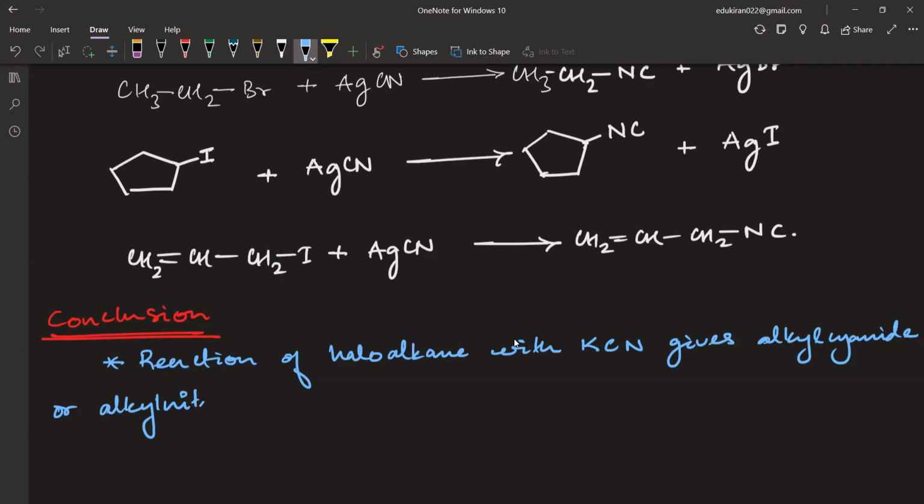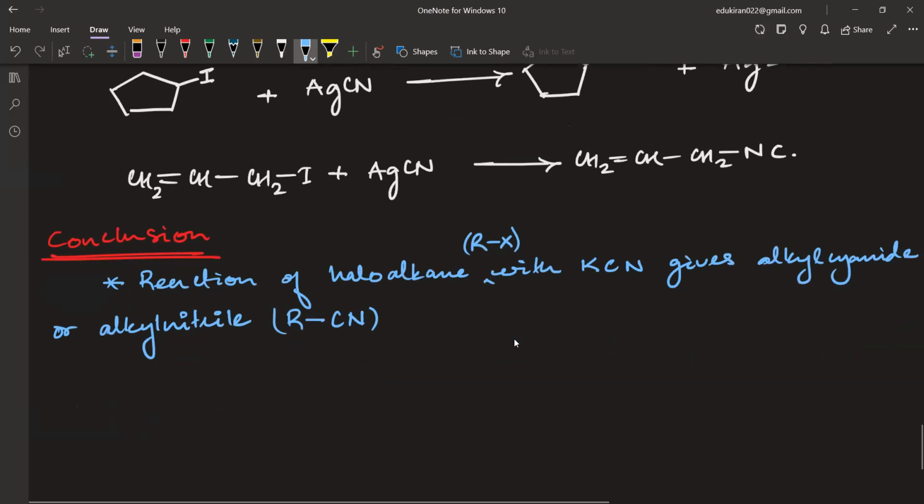Both are the same thing. Alkyl nitrile लिखते कैसे हैं? RCN. Okay, and haloalkane is what? RX. Okay, and what you can write the same thing.